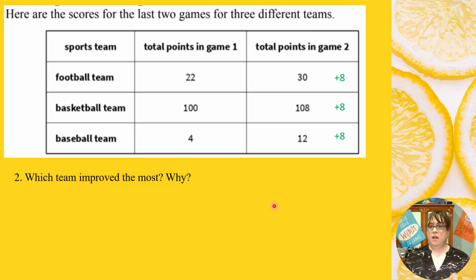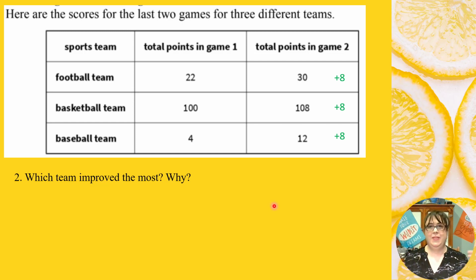So knowing that they all increased by 8, can I tell you which one improved the most and why? At that, I step back and I go, yeah, I don't think I can. Because football teams, when they make a touchdown, don't just get 1 point, they get more than 1 point. And a basketball team, when they shoot a normal basket, doesn't just get 1 point, they get more than 1 point.